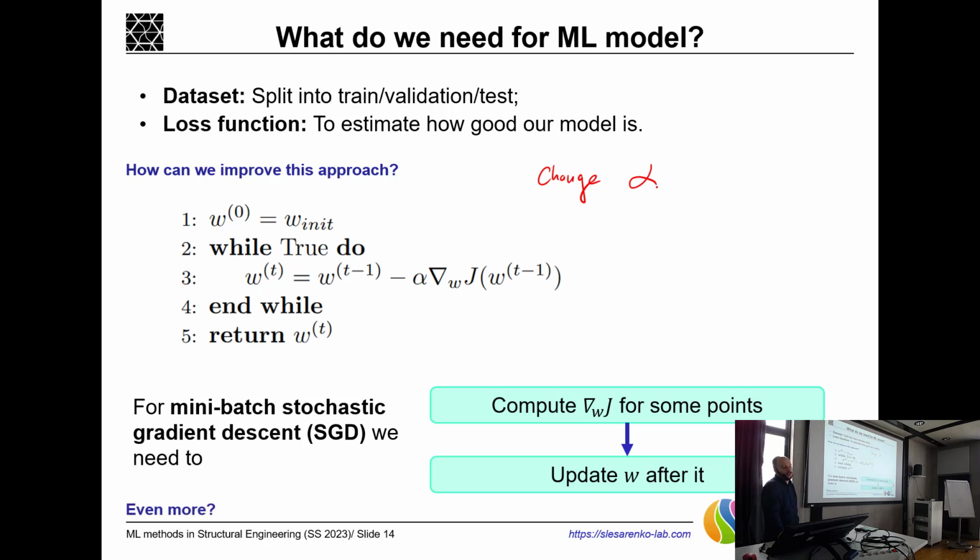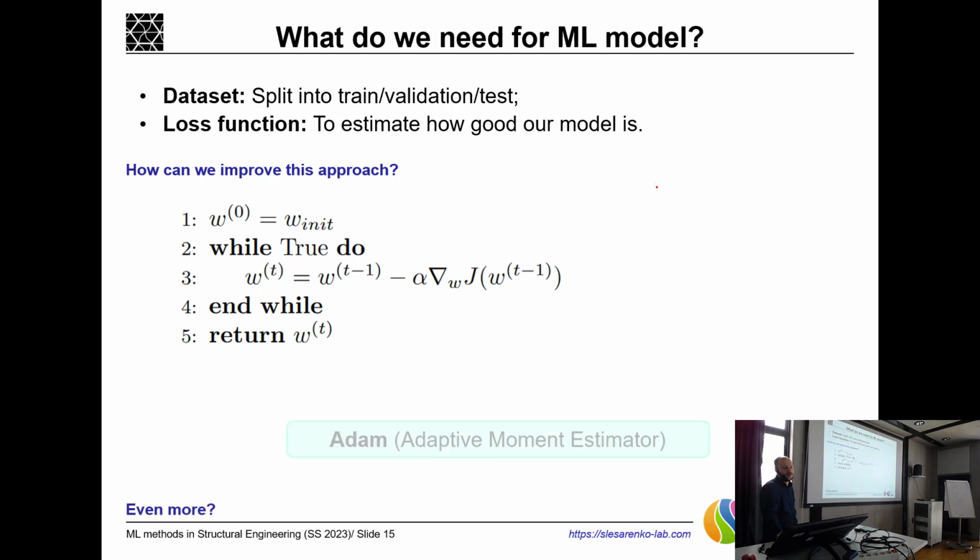And we can actually do it even more efficiently if we use the Adam optimizer. It's the adaptive moment estimator. The difference between this and just classical gradient descent is that it takes into account previous steps. It calculates so-called moments, and it adapts depending on the previous iterations.